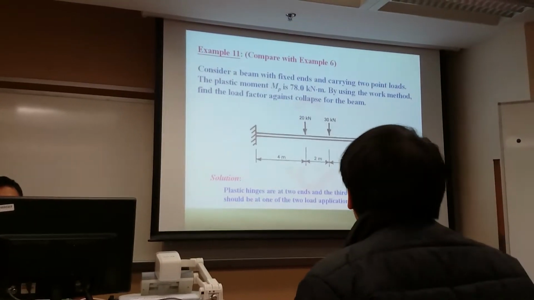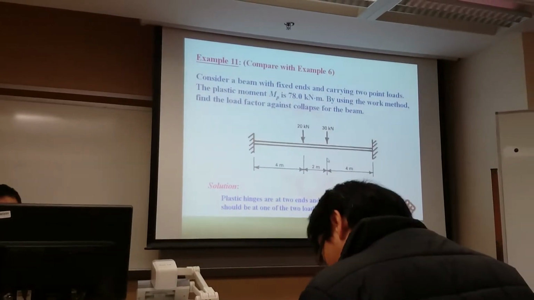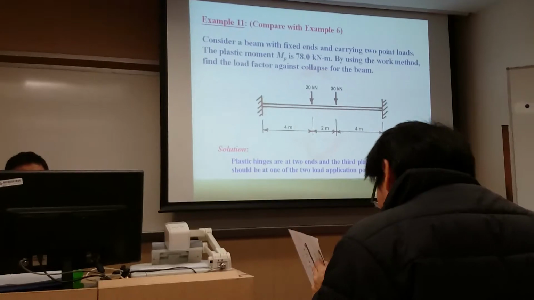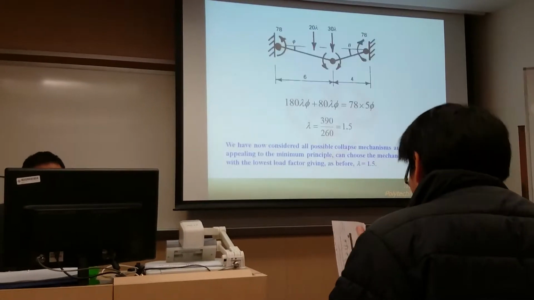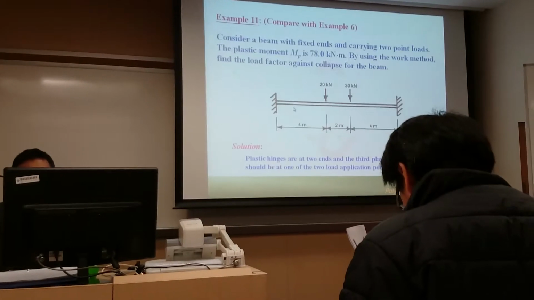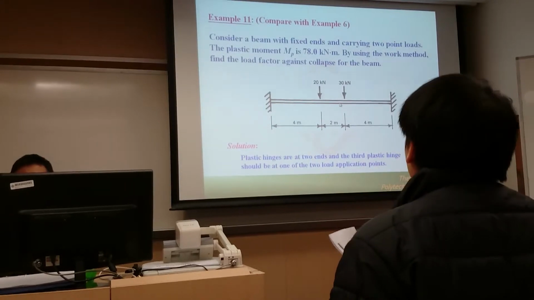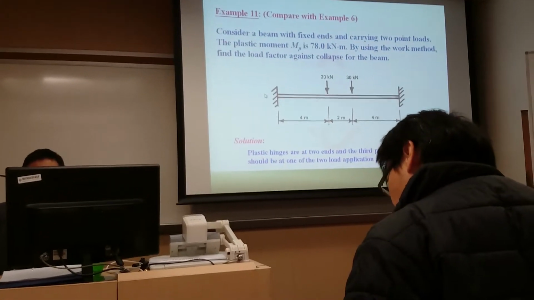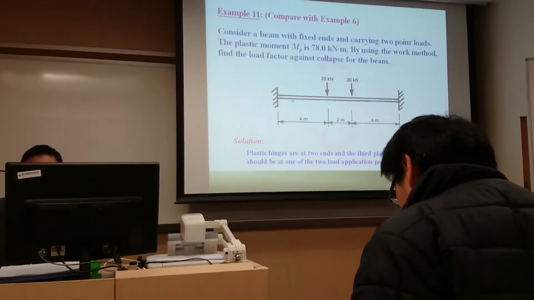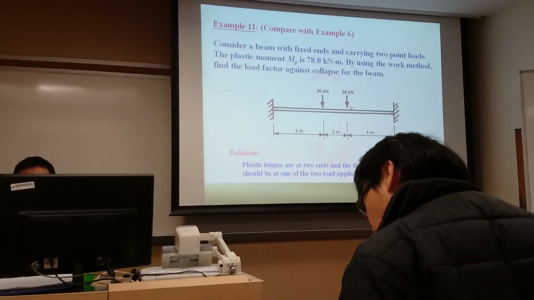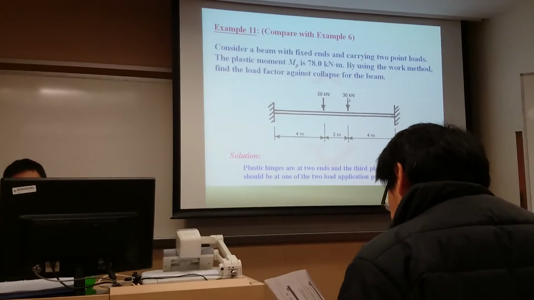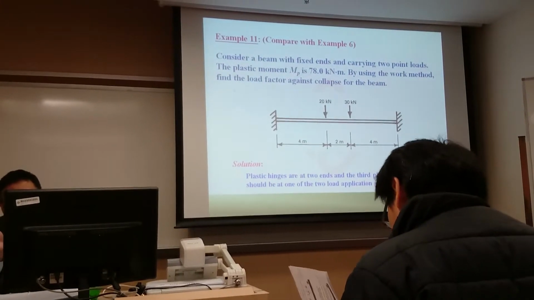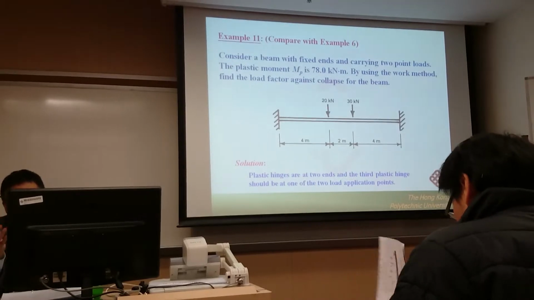And also, let me introduce a second example. In the second example, this is example 6 before, and as I mentioned, there are 4 possible plastic hinges, and in principle, you have to consider all different combinations, and each combination involves just 3 plastic hinges.